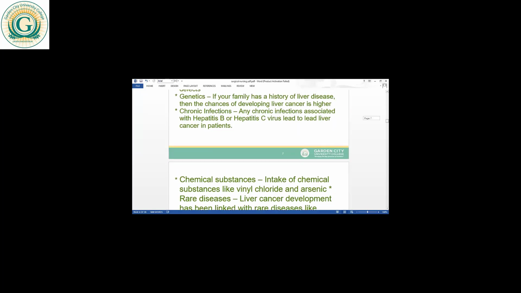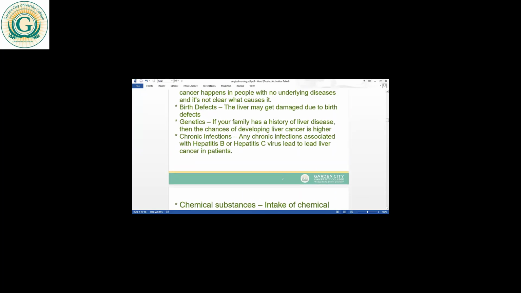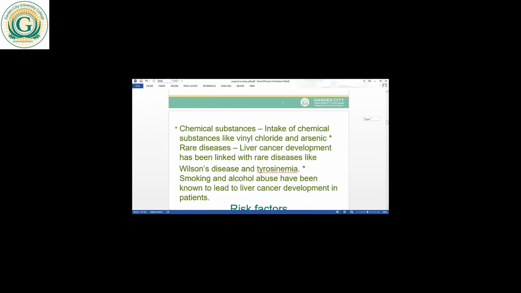Chronic infections: any infection that is associated with hepatitis B or C virus can lead to liver cancers in people. And then we have chemical substances. Intake of common substances like vinyl chloride and arsenic can predispose an individual to liver cancer.